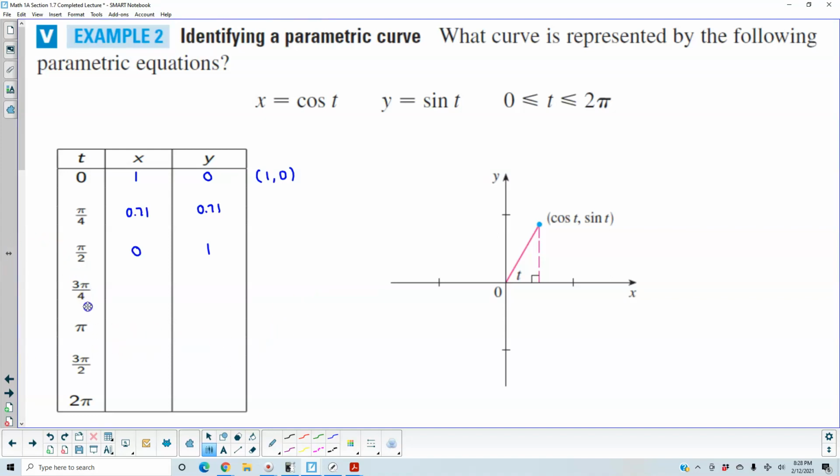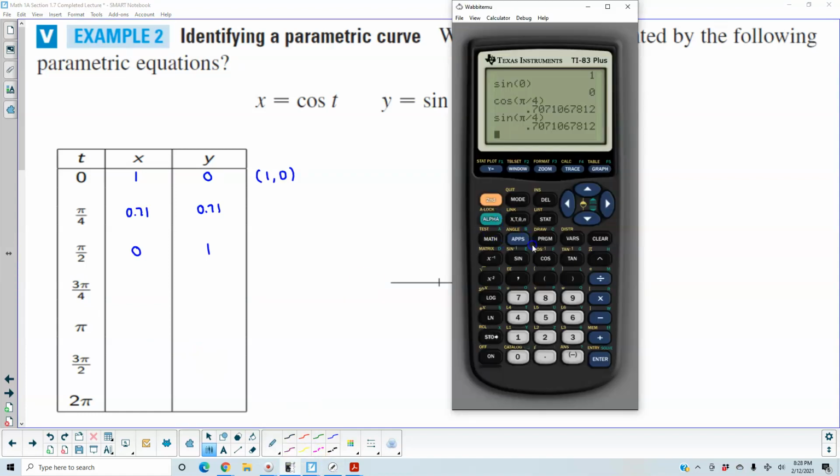Okay, what about 3 pi over 4? What is the cosine of 3 pi over 4? Well, the cosine of 3 pi over 4 gives us negative 0.71.